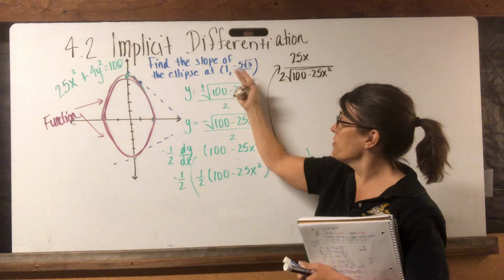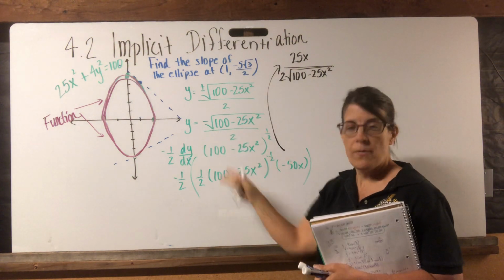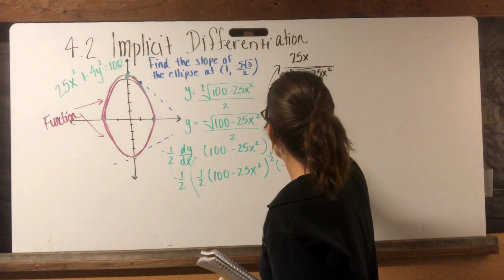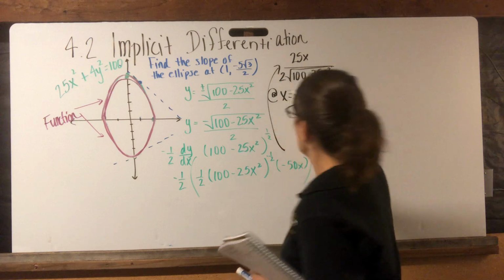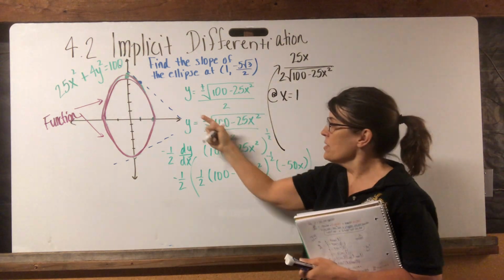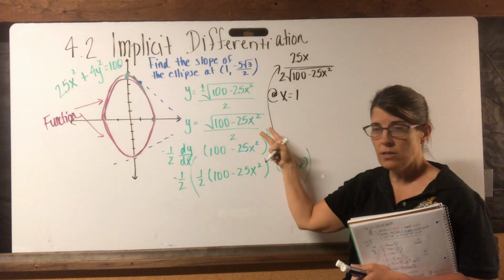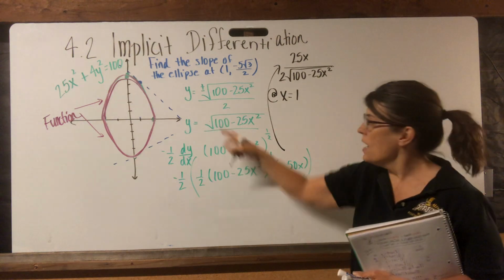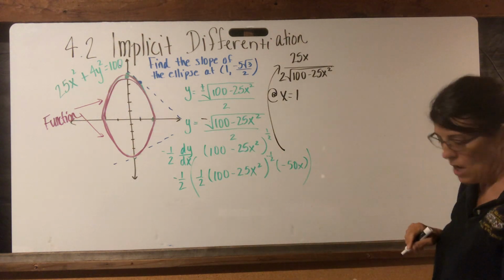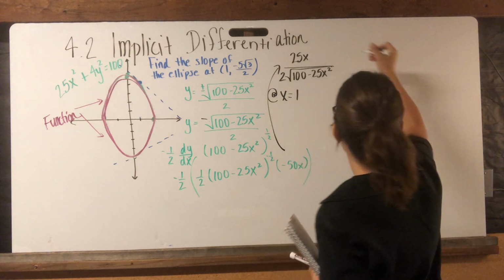This negative allowed us to choose, and then we differentiated the whole thing, and now I'm going to plug in x as 1. If I would have said positive 5 root 3 over 2, we would have differentiated using the positive ellipse equation, the upper half, and done the whole thing. But I gave you the negative, so we're sticking with the negative. Okay, you do all the work and you get 25 over 10 root 3.